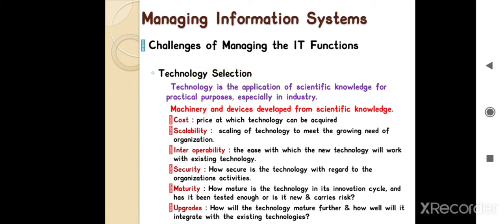When we do this technology selection for an IT environment for our organization, we have to consider all these points. The first and most important point is the cost. Money matters everything. Cost is the price at which the technology can be acquired, and whatever benefit we get by acquiring that particular technology, if it is more, then sure shot we can select that technology.